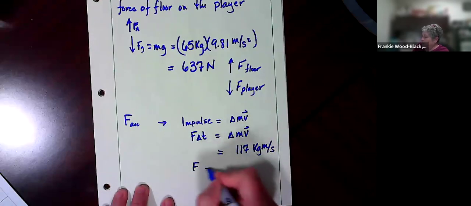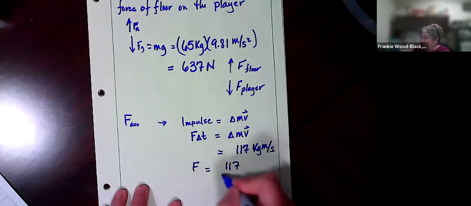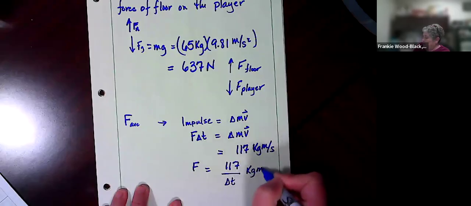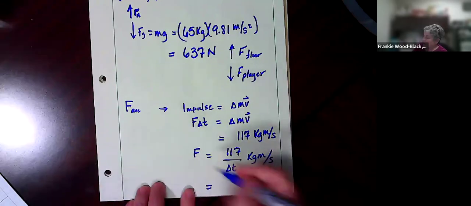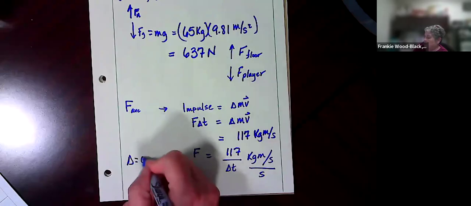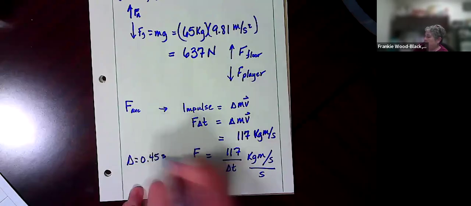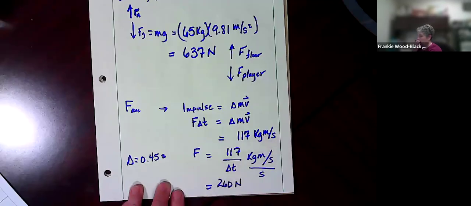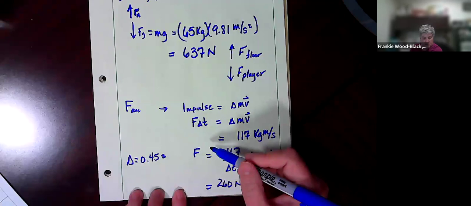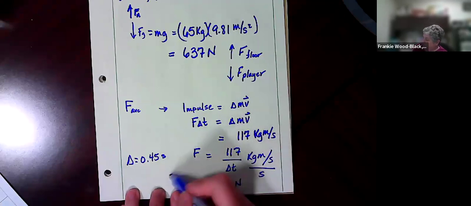And now my force is going to be that divided by my change in time. This will be over seconds, so I'm going to be in newtons. That's going to work out really well. We said our change in time was 0.45 seconds, so this works out to be 260 newtons. So that's the force due to the jump.